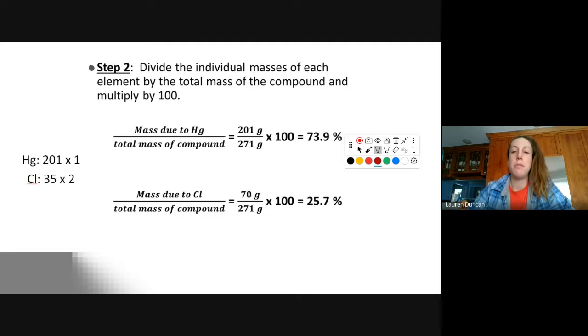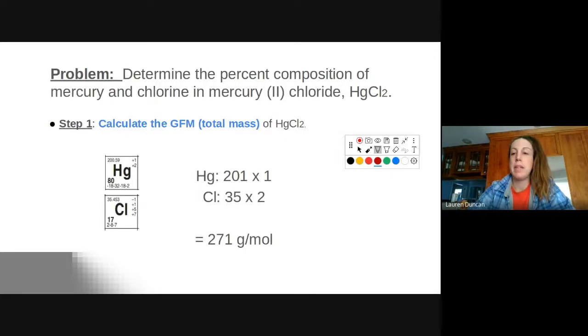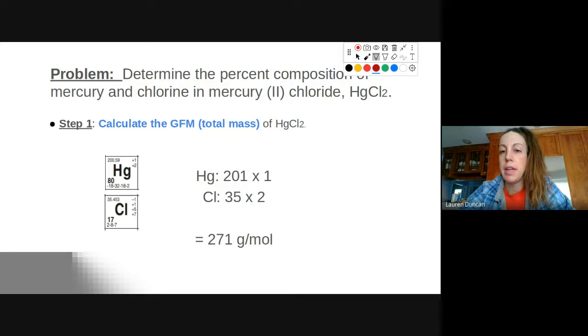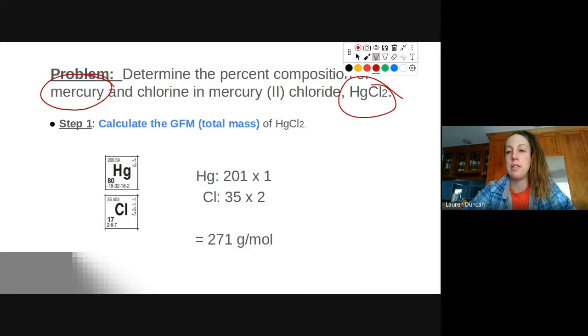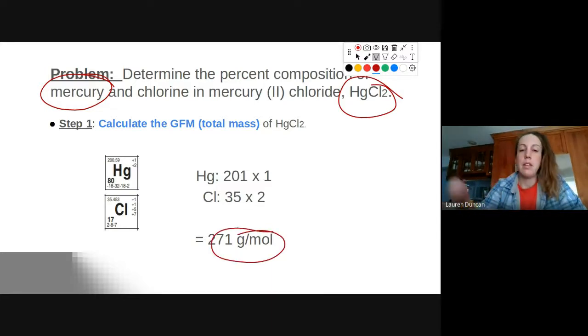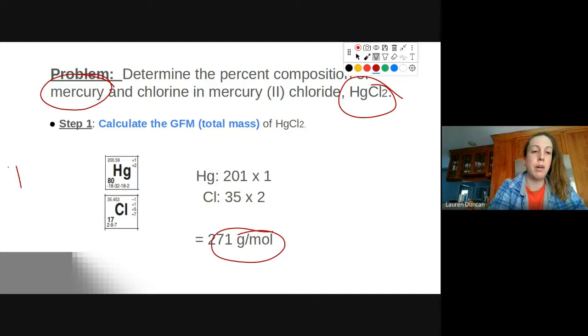Okay, so from here, let me just back up a second. Let me do it like this because I don't really like how I had it in the notes. Let's say I wanted the percent by mass of mercury in this entire mole of HgCl2 molecules. So once I get the GFM, that's the mass of the whole thing. The equation I'm using is the mass of the part over the mass of the whole times 100.